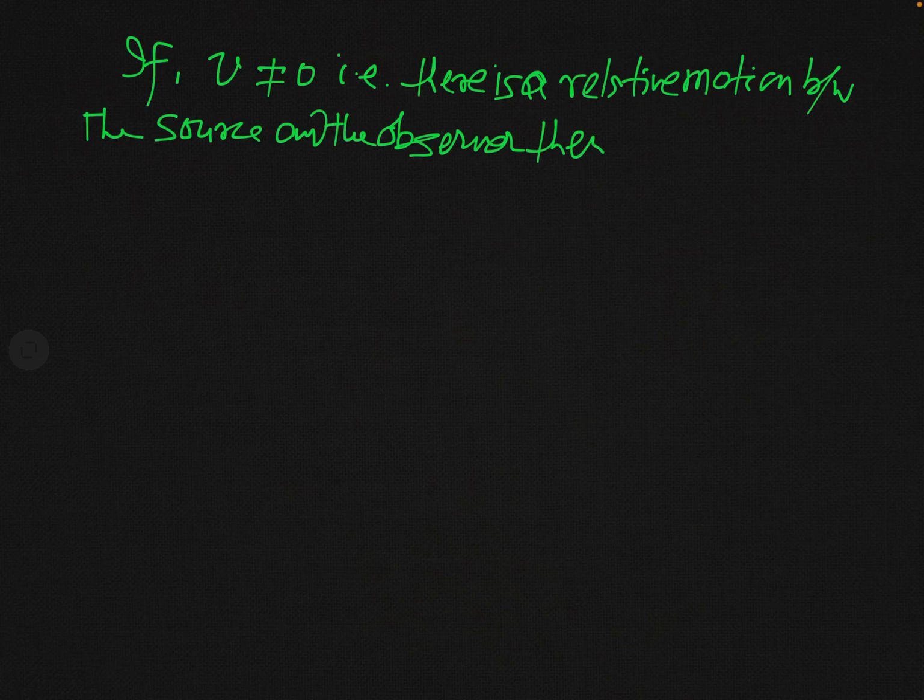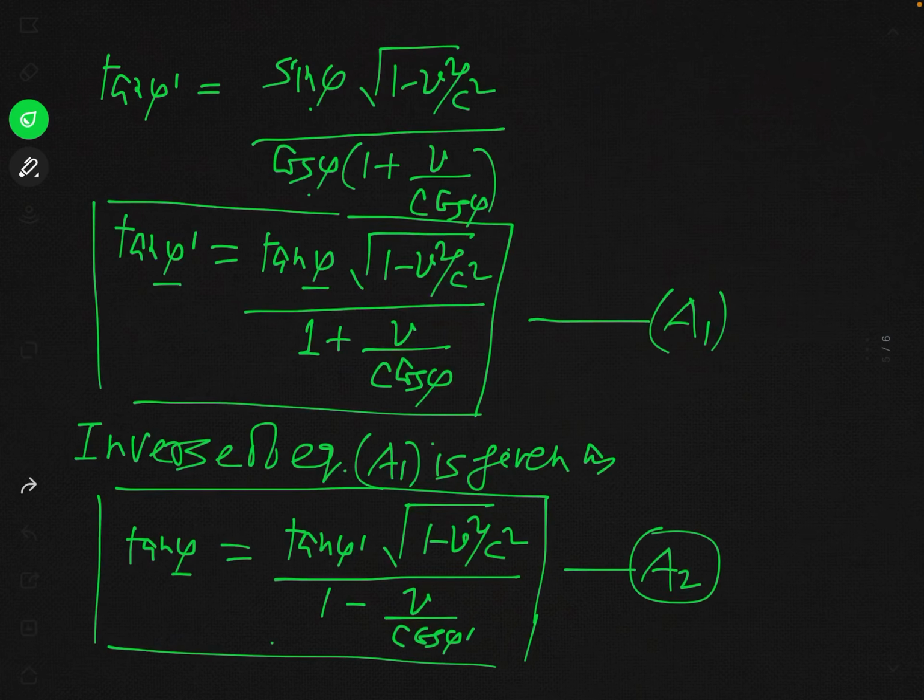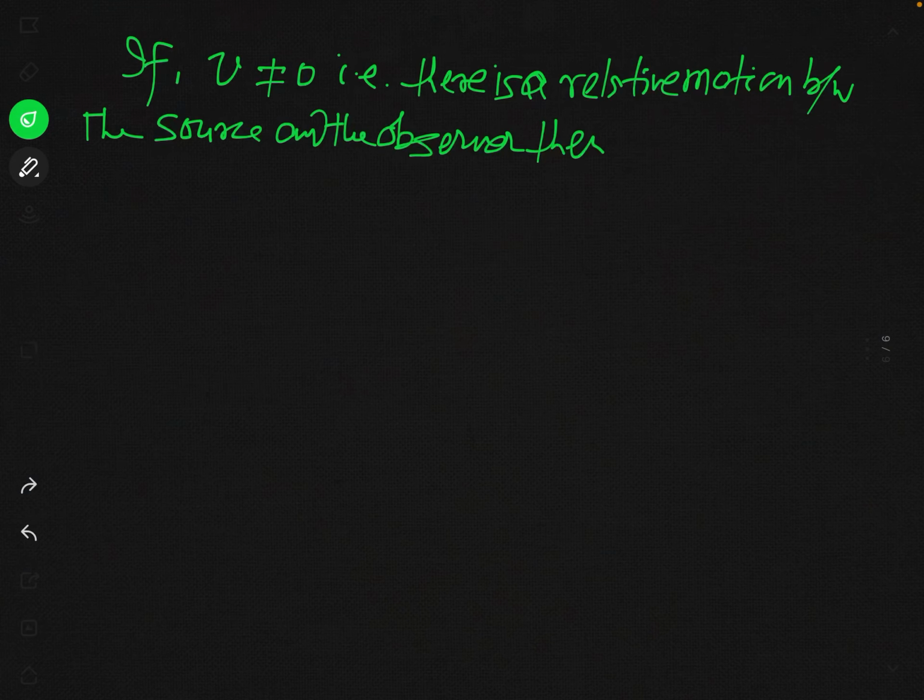Then in that condition, it is obvious from these two equations A1 and A2, you can see if v is non-zero, then actually this tan phi prime equal to tan phi into root over 1 minus v square by c square over 1 plus v by c cos phi. So it is obvious that phi prime and phi are not equal. So in this condition, phi prime is not equal to phi.